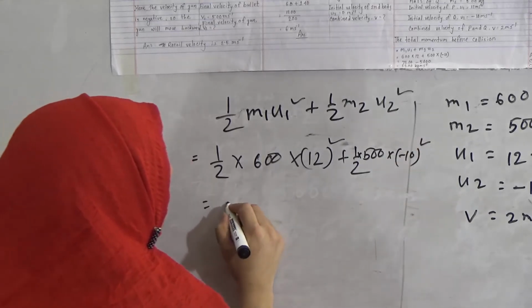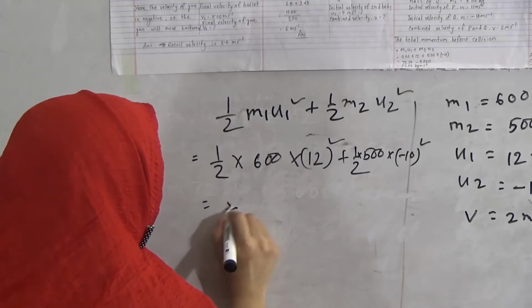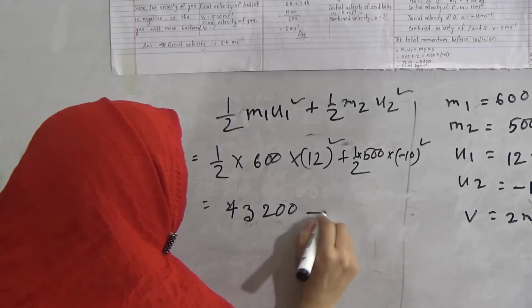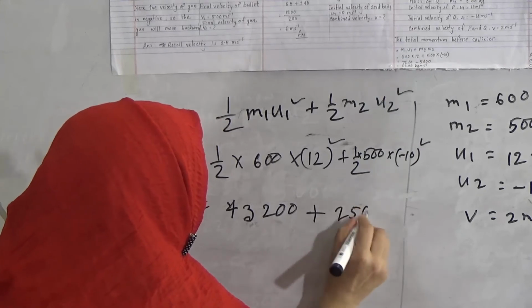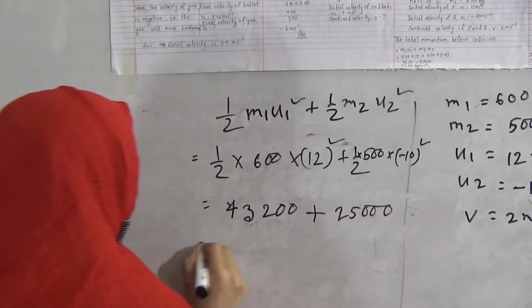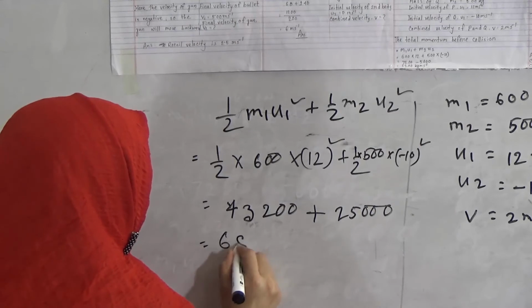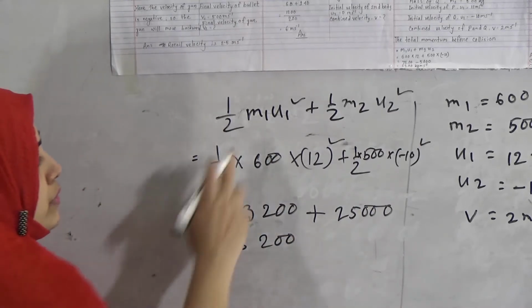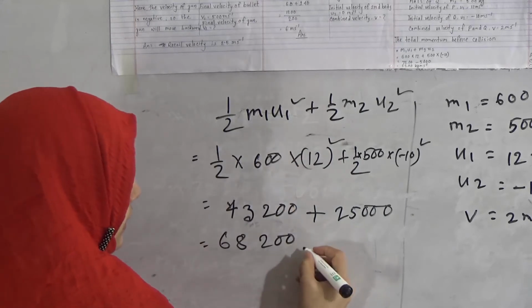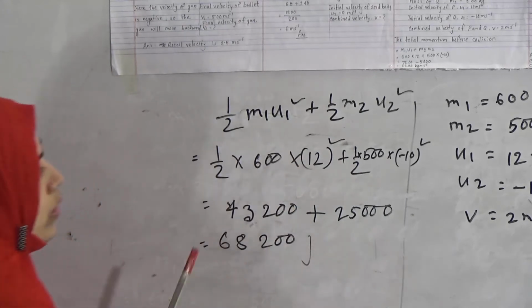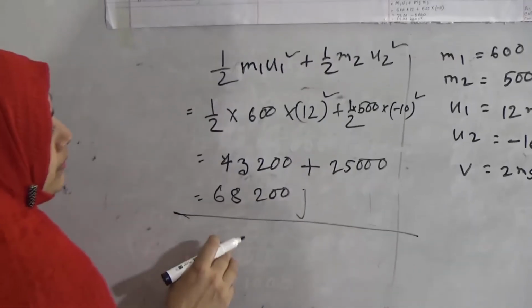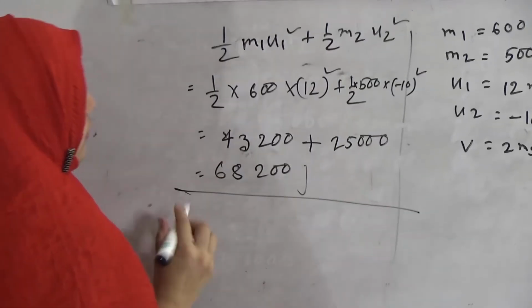Okay, so it will be 43,200 plus 25,000, it will be 68,200. The unit of kinetic energy is joule. Now we have to find out the total kinetic energy after collision.